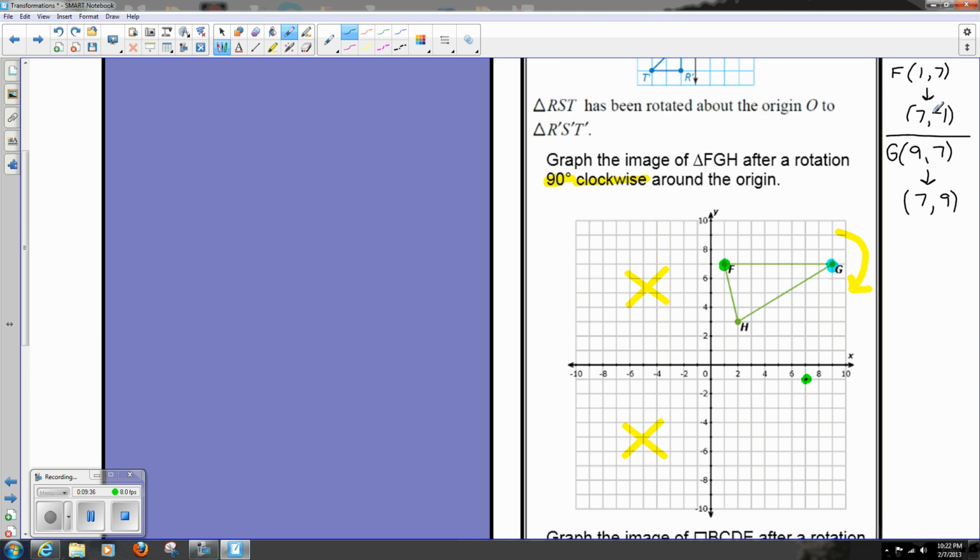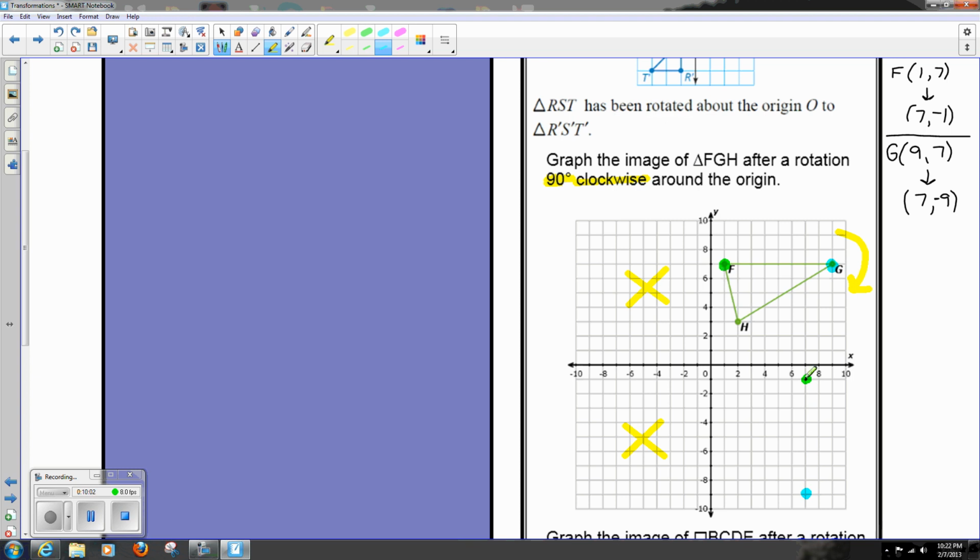And we can look at this example and realize that it was the y value that was negative. Or we could look down here and remember that all of the x values in this quadrant are positive and all of the y values are negative. So that means that point G is going to move to 7, -9.